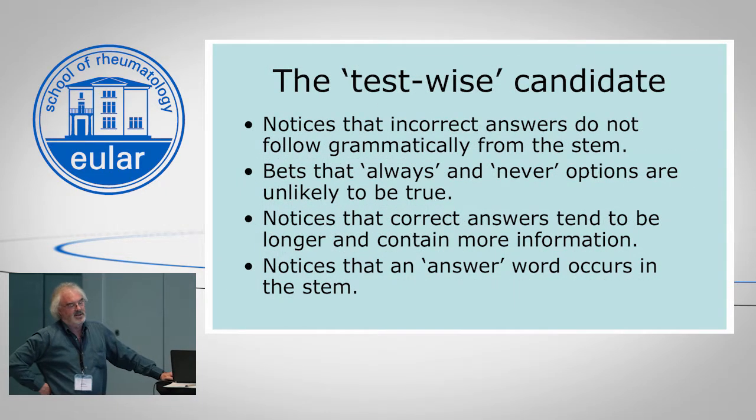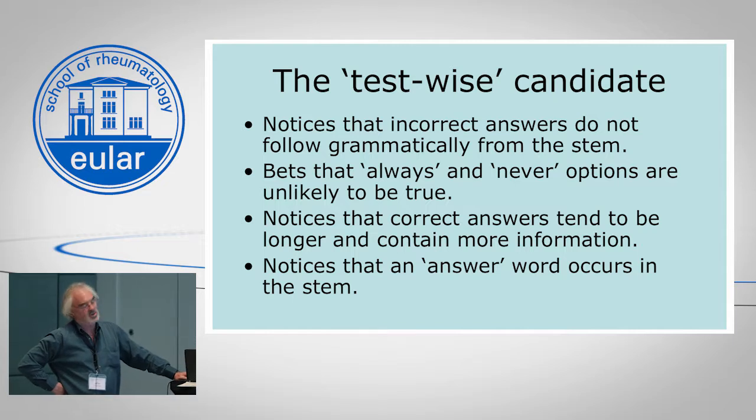What you're trying to do is to avoid the test-wise candidate answering the questions without using the knowledge that you're trying to test. Anything that allows a student or a learner or a candidate to answer the question without using the knowledge that you're trying to test is going to generate unreliability in the test.